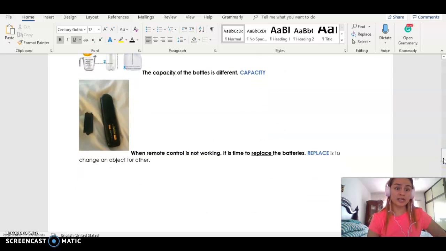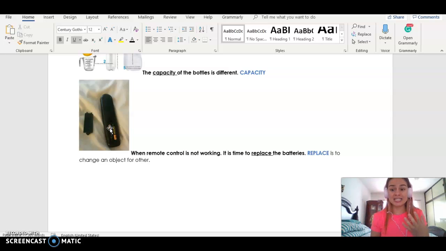And the last word to understand the listening is replace. Replace, and I put here an example with a remote control. When the remote control is not working, it's time to replace the batteries. So I take the remote control, I have the batteries, I replace because I take them and I put new batteries in there.